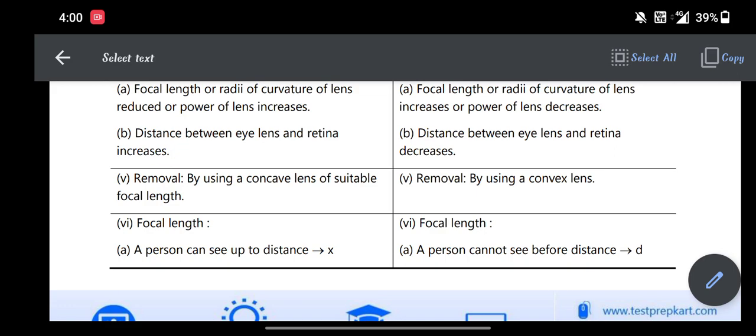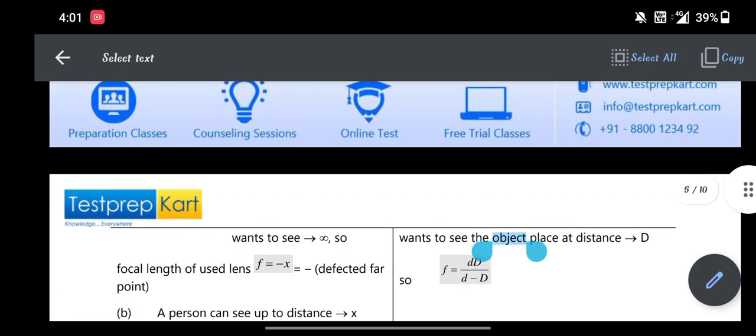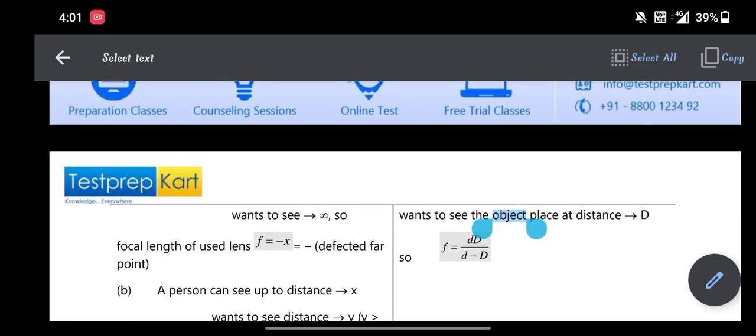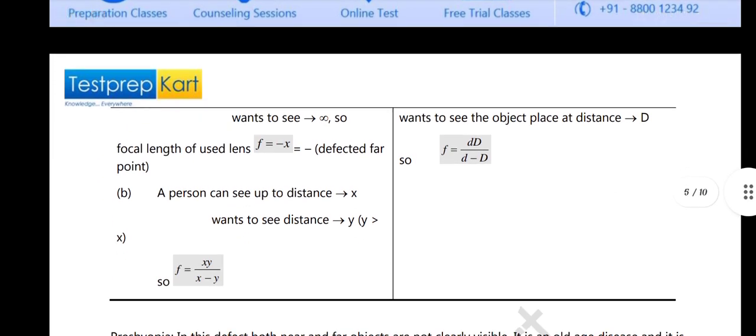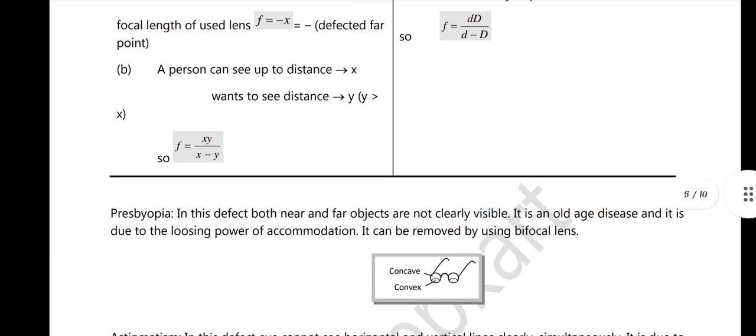How can we remove it? By using a convex lens. The person cannot see an object before distance D, so we want to see the object placed at distance d. Therefore f = dD/(D - d).